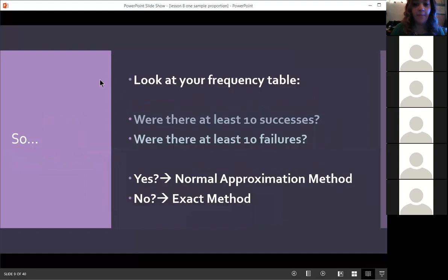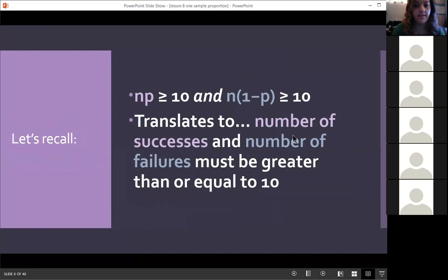Okay, so then this is what we're talking about. If you look at your frequency table, and if you don't have n and p to calculate that, then you can look at your frequency table, or you can use n and p to decide that on these two equations that we've been talking about.